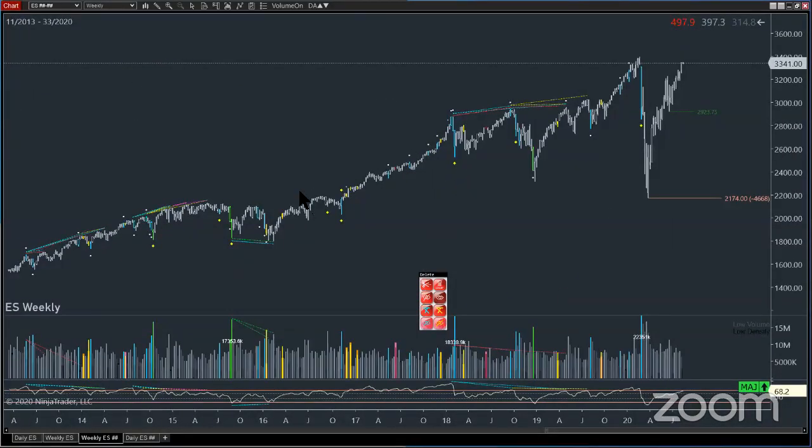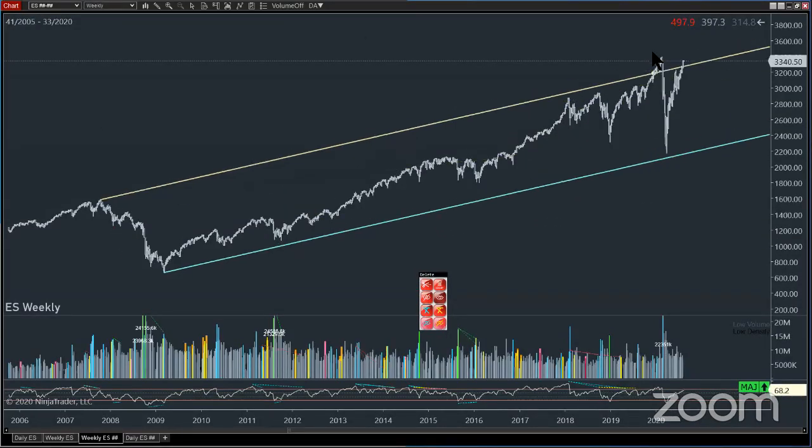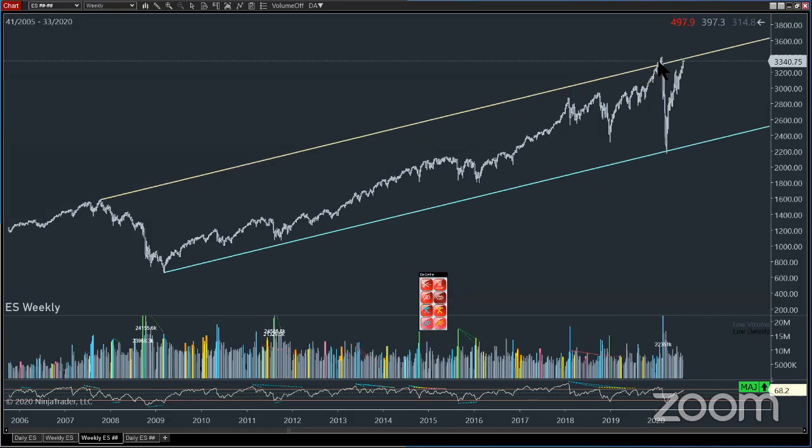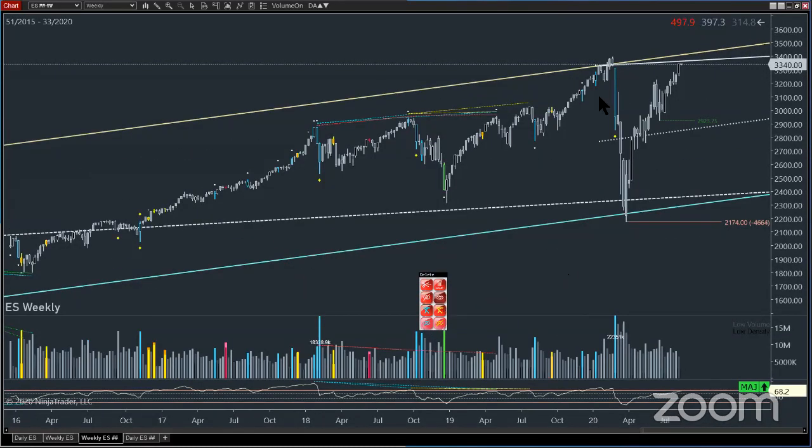I love this chart right here. Yep, you had pretty good reason to think we were putting in a low, didn't you? That was a gap that week. On Sunday night, it gapped up through that. Oh, man.